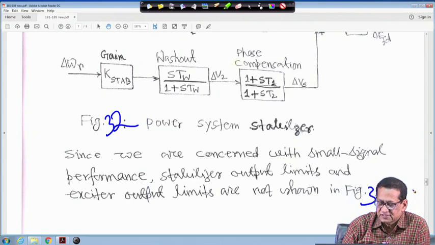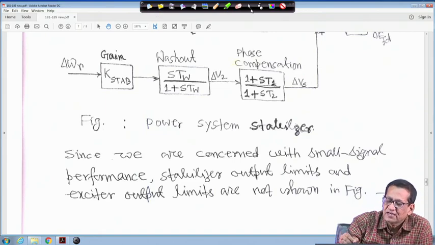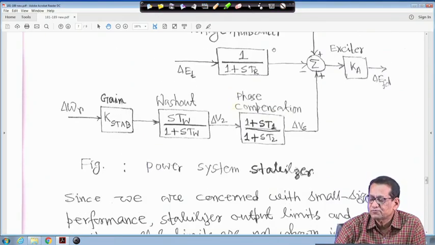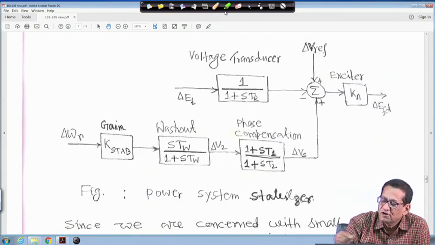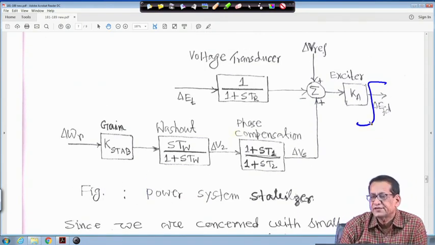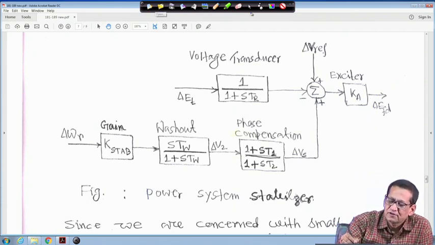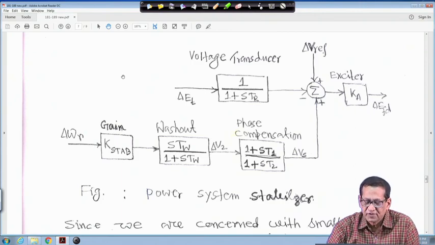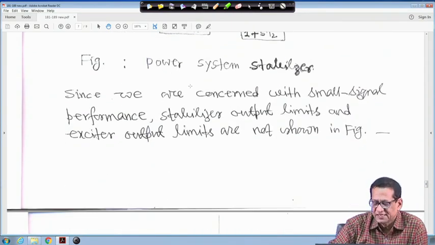The stabilizer output limits and exciter output limits are not shown because they are not required. We will simply go for linear system analysis.